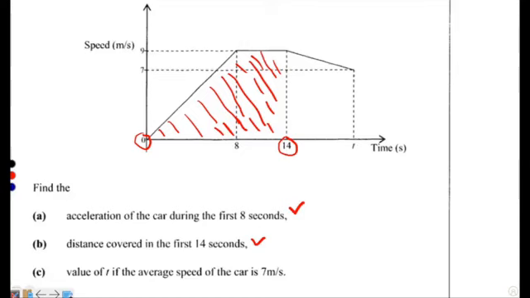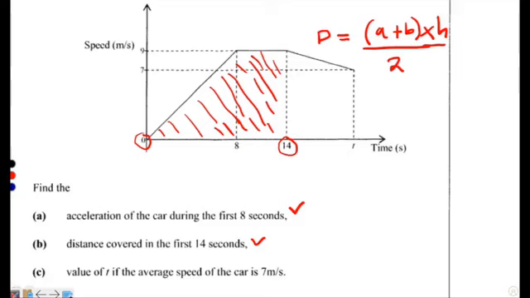So distance is equal to, this is a trapezium, so we use the formula (A plus B) over 2, multiplied by height.